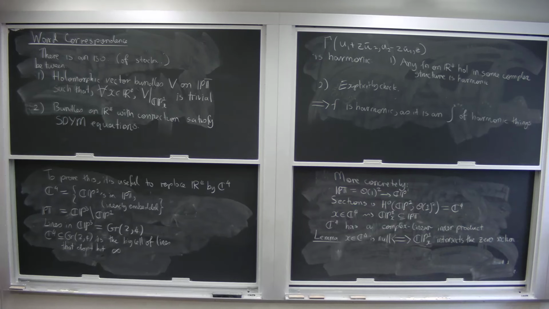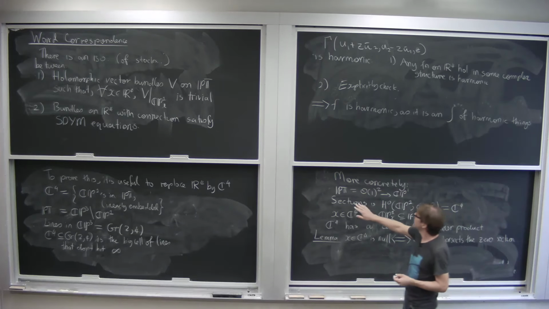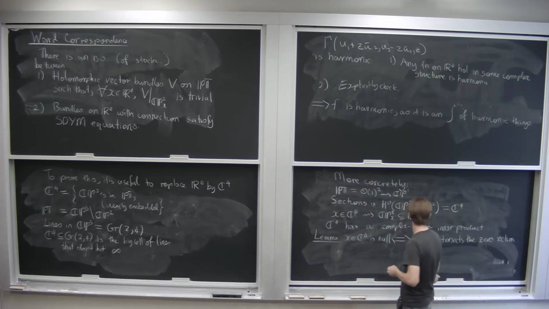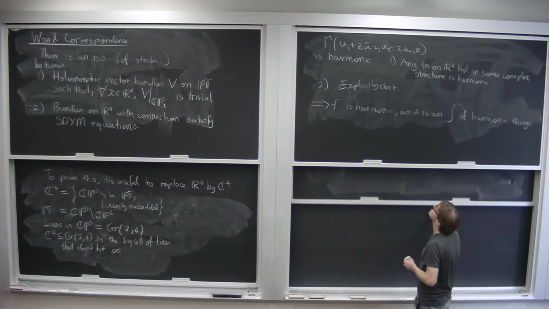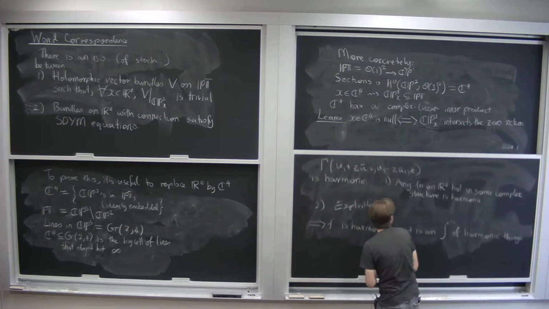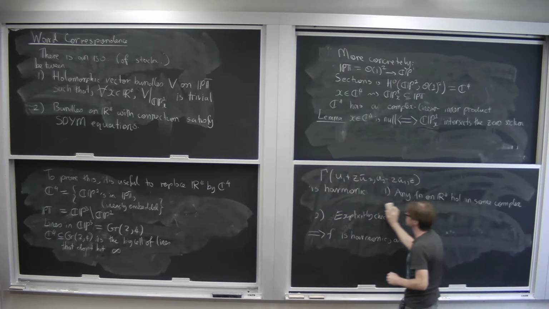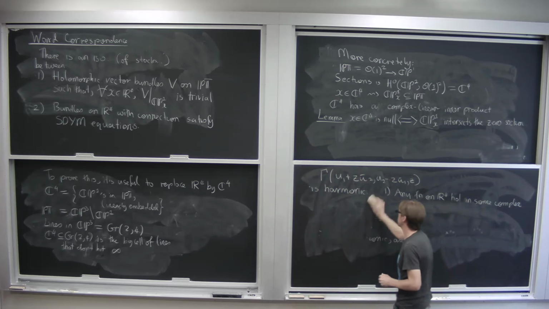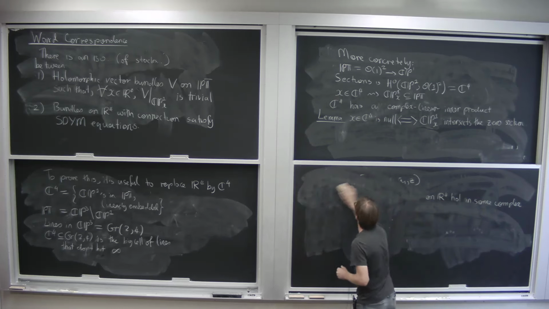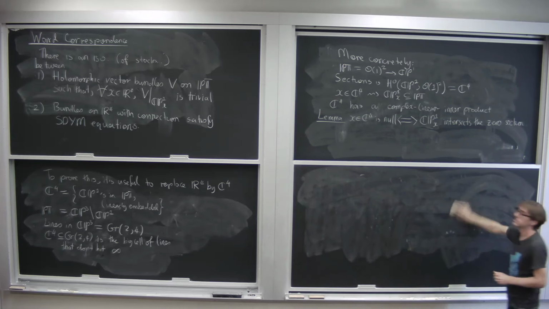You say that C4 has an inner product. What does that mean? Well, I should have talked about the symmetries of everything. You can start with the total space of O(1) squared, and then take global sections of O(1) squared.